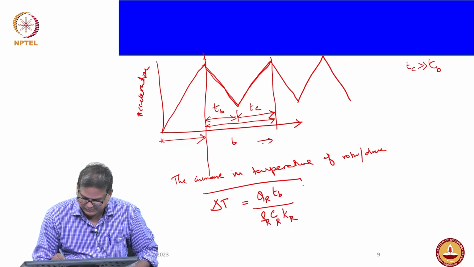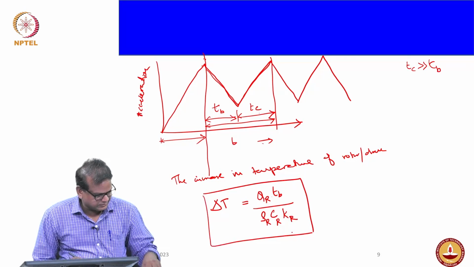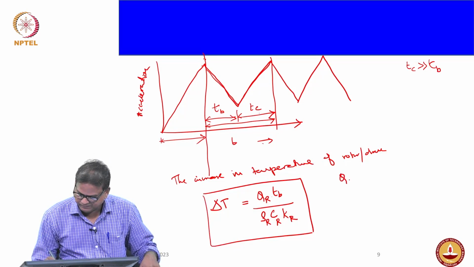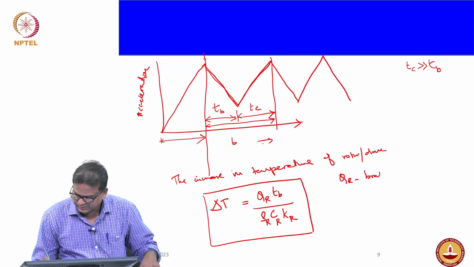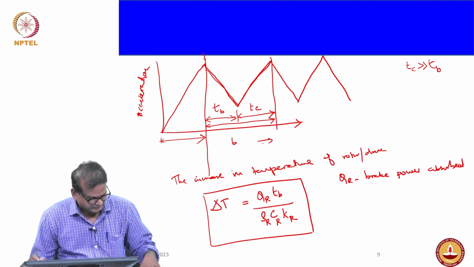This is the incremental temperature increase. I am sure you know QR equals the brake power absorbed by the rotor.